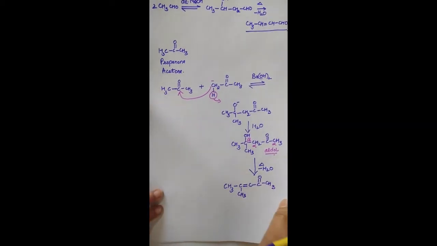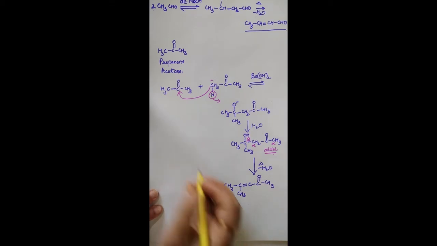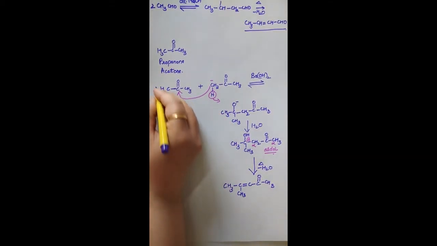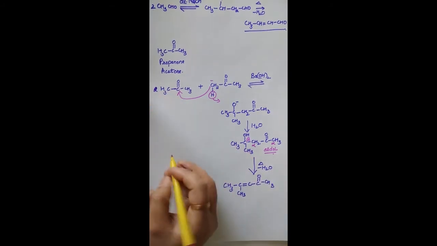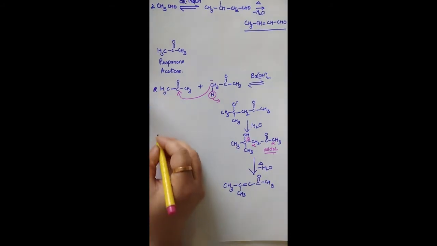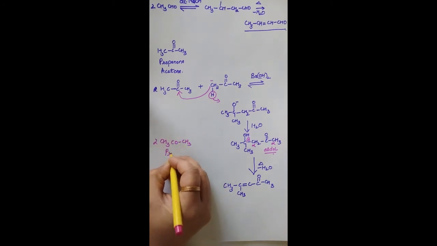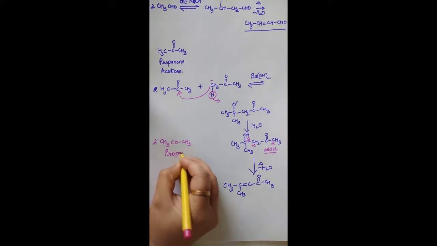Directly you can write that when you are having two molecules of this one, you can write in this way, two molecules of CH3COCH3, that means propanone.